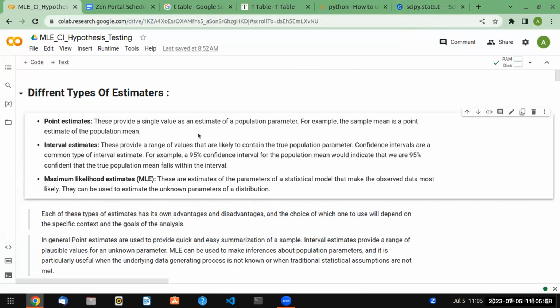Point estimation means what? It provides a single value estimation where there is no chance that this estimation is going to change. Like a sample estimator, like your sample data. There the mean is not going to change, right?